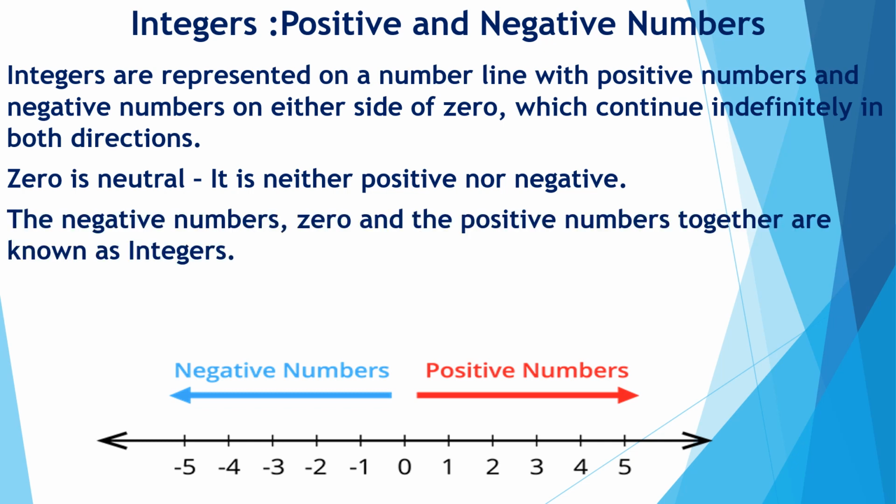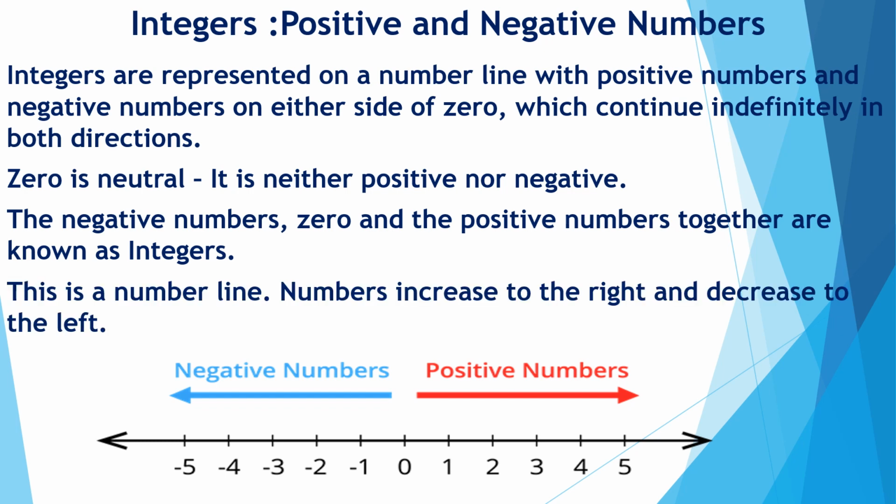The negative numbers, 0 and positive numbers together are known as integers. This is a number line. Numbers increase to the right and decrease to the left. So we now have a set of new numbers, the negative numbers, 0 and the positive numbers, which we call integers.